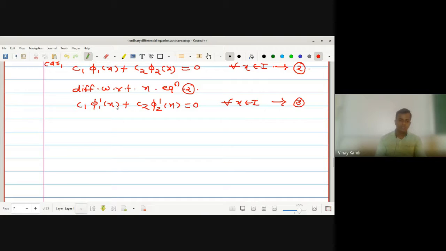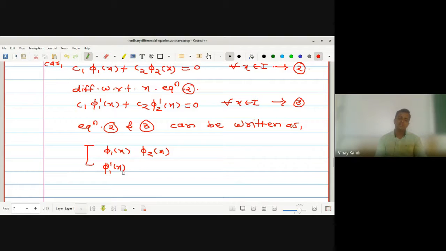So equations 2 and 3 can be written in matrix form: phi1 of x, phi2 of x, phi1 dash of x, phi2 dash of x, times C1 and C2, equal to 0, 0 on the right side.